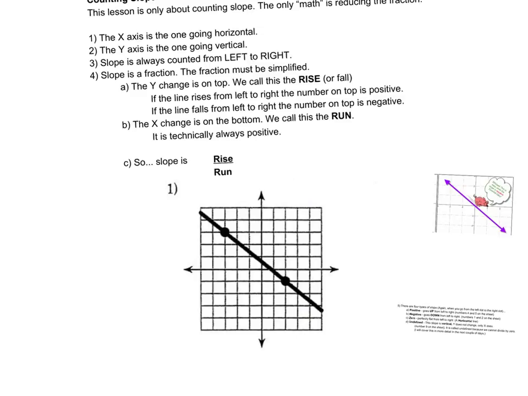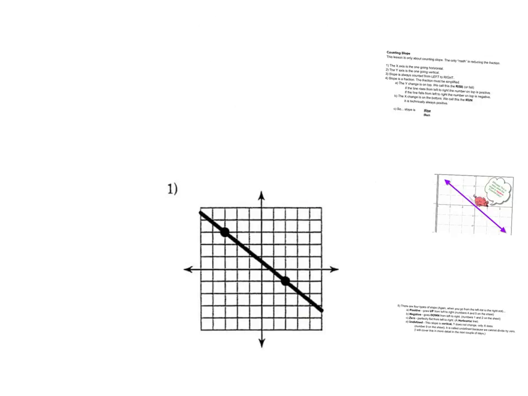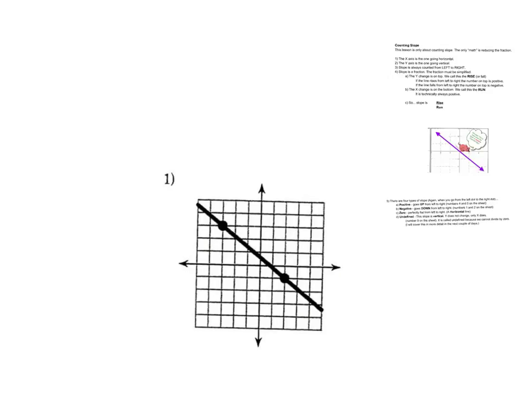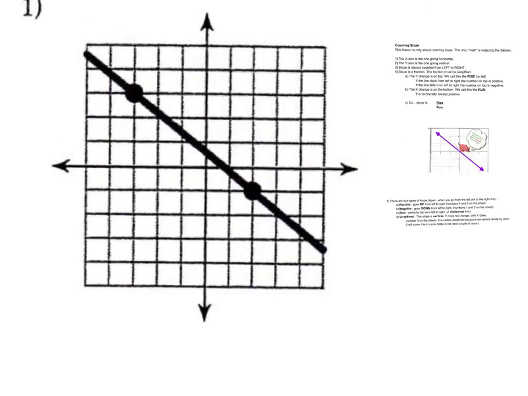So let's go ahead and calculate the slope here, and you're going to have to count with me to get that. This is number 1, by the way, in your worksheet, so we're going to actually do one of the worksheet problems with you right here.